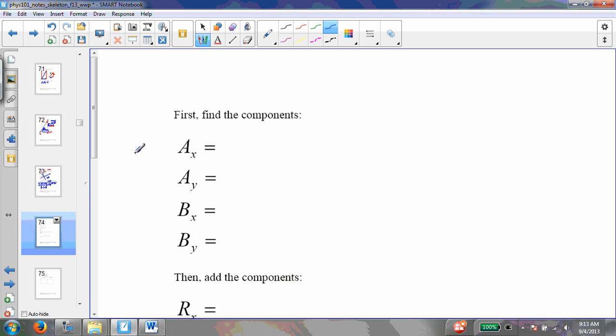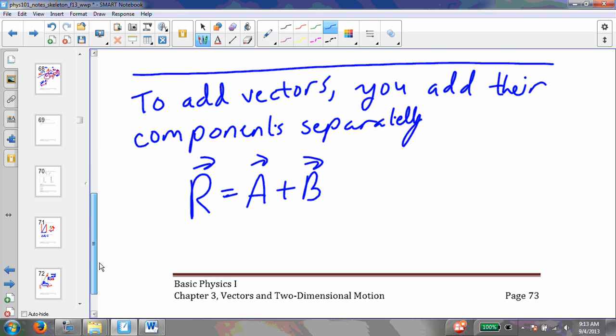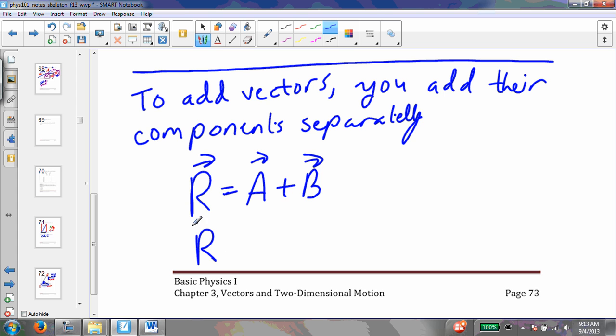If I want to know r, my first job, actually, let me go back up here. What I've shown, I also know that r is equal to the sum of its x and y components, rx and ry.